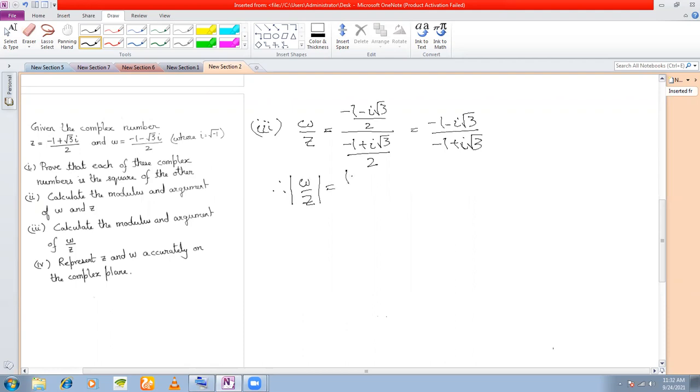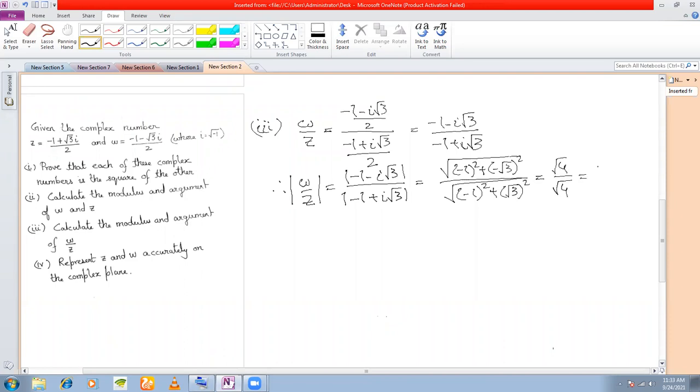It is the modulus of minus 1 minus i root 3 divided by the modulus of minus 1 plus i root 3, which is root over of minus 1 squared plus root 3 squared in both, equal to root 4 by root 4, which is equal to 1. So the modulus is 1.